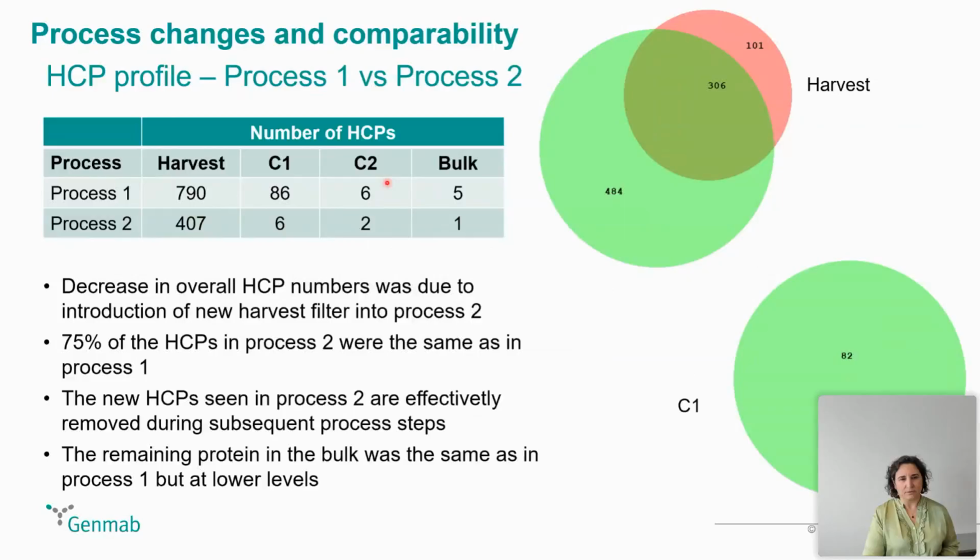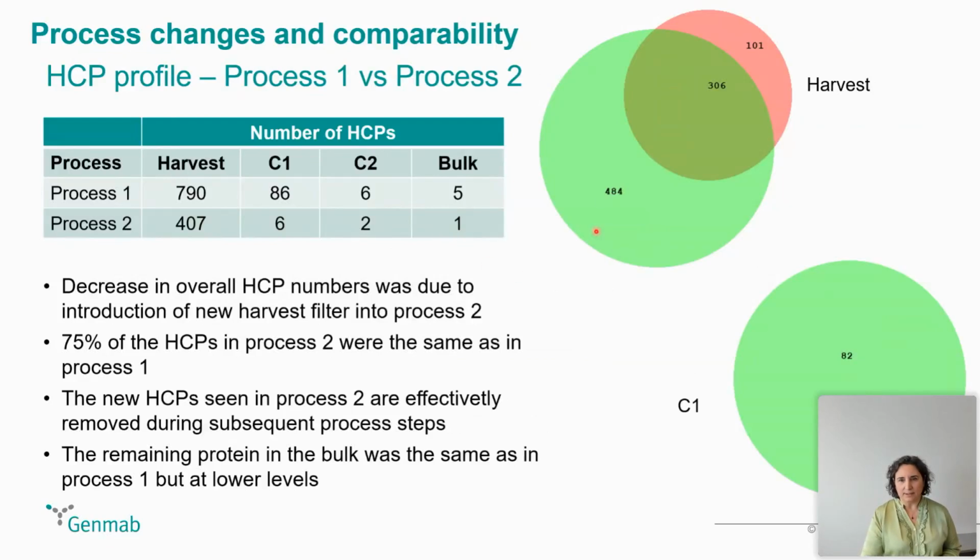And in the chromatographic step 2, we had 6 in process 1 and 2 in process 2. And at the end, in the DS sample, we identified 5 HCPs in process 1, and there was only 1 left in process 2.